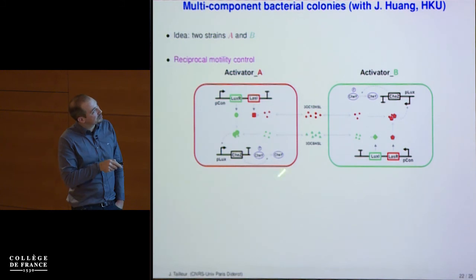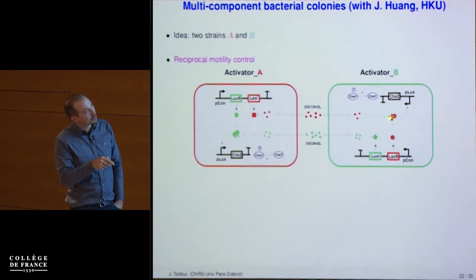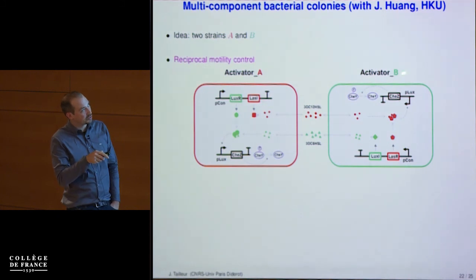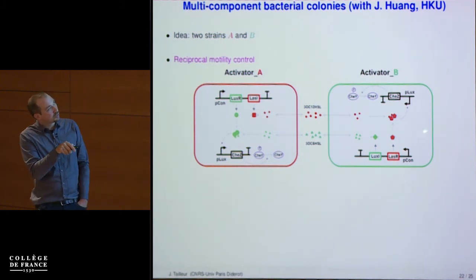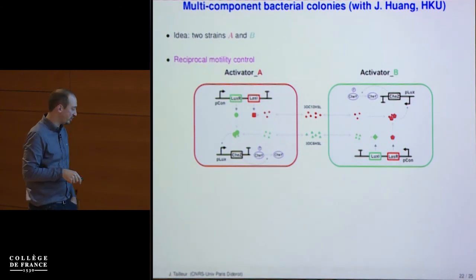They diffuse in the environment, and now they will go and regulate the motility of the other strain, strain B. So they will bind with some molecule in bacterium B and regulate its motility. Conversely, the activator B will be creating some molecules in green that will diffuse and regulate the red bacterium.